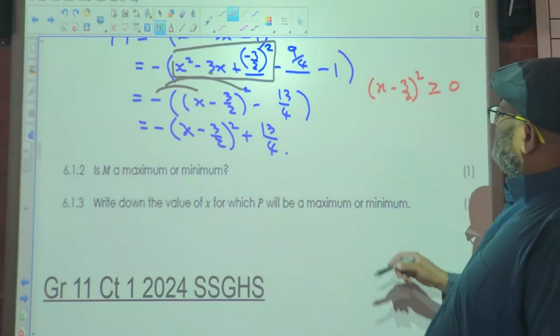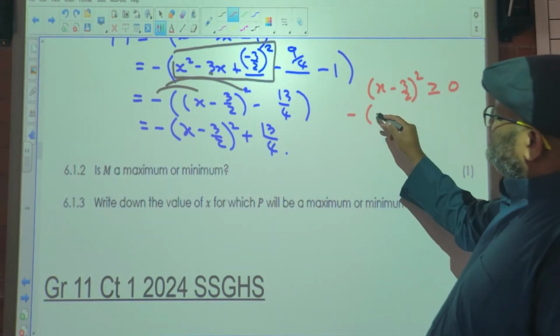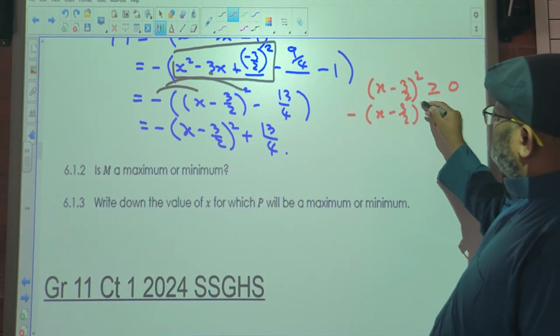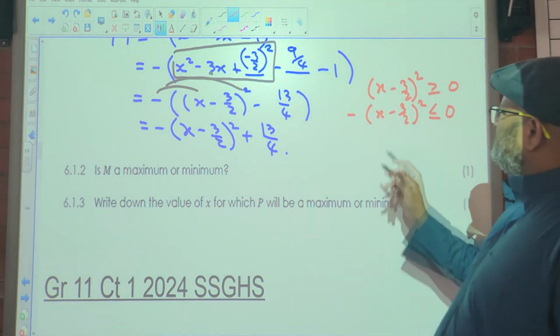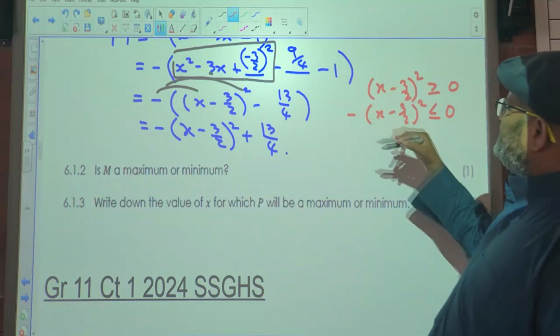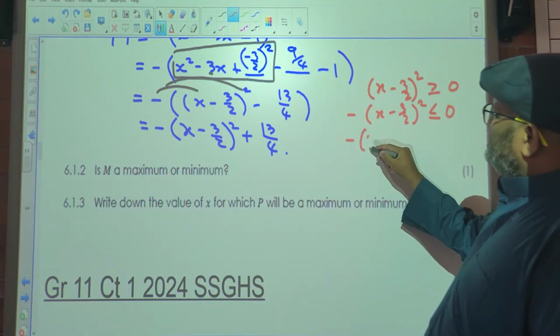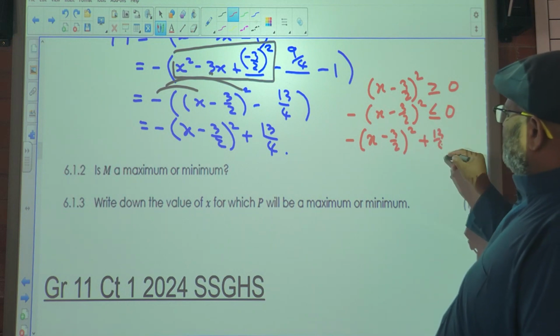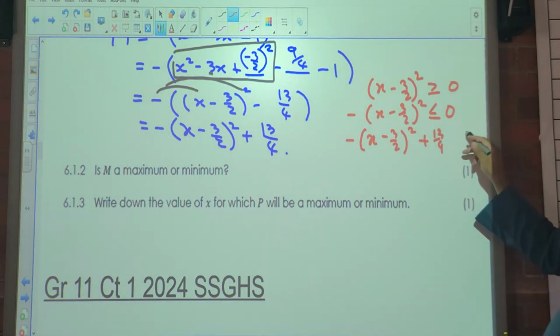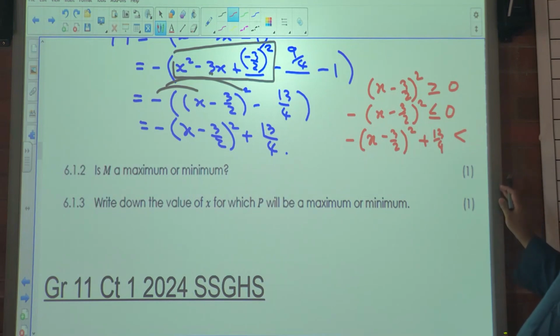Then, with a negative in front, of course the inequality now swaps around, that will always be less than or equal to 0. Okay? And you add 13, the graph goes up 13, so it's negative x minus 3 over 2 squared plus 13 over 4 has to be less than or equal to 13 over 4.